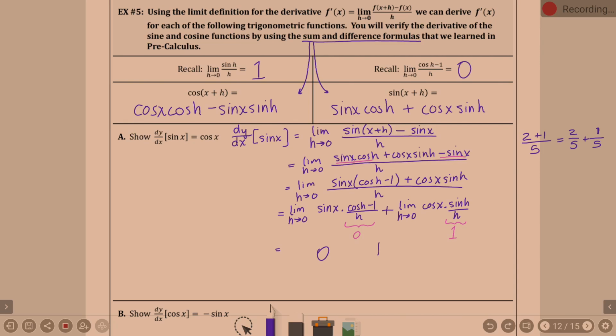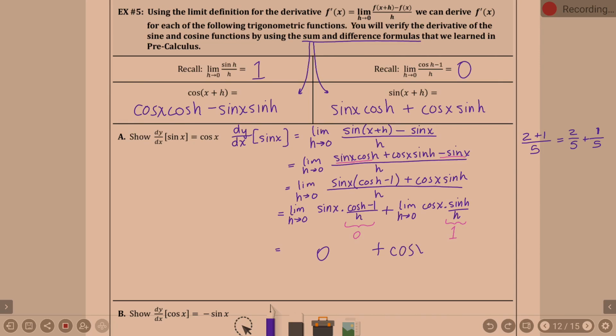Plus. This limit's going to be 1. The limit as h approaches 0 of cosine x. This piece, the sine h over h, is 1, so that's gone. It's just the limit as h approaches 0 of cosine x, which is just going to be cosine x.